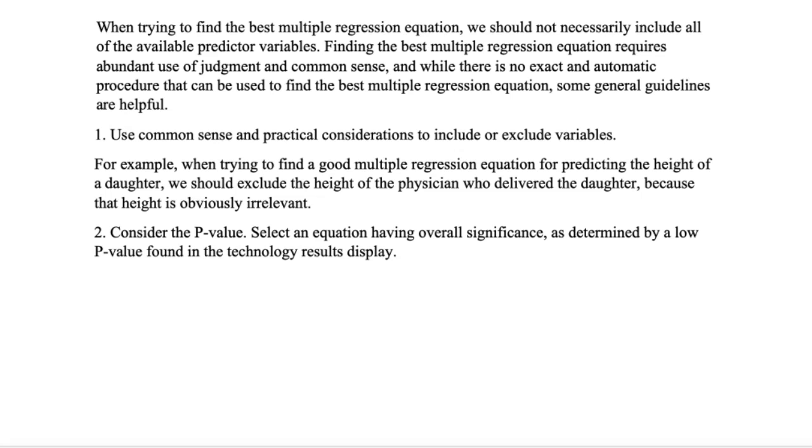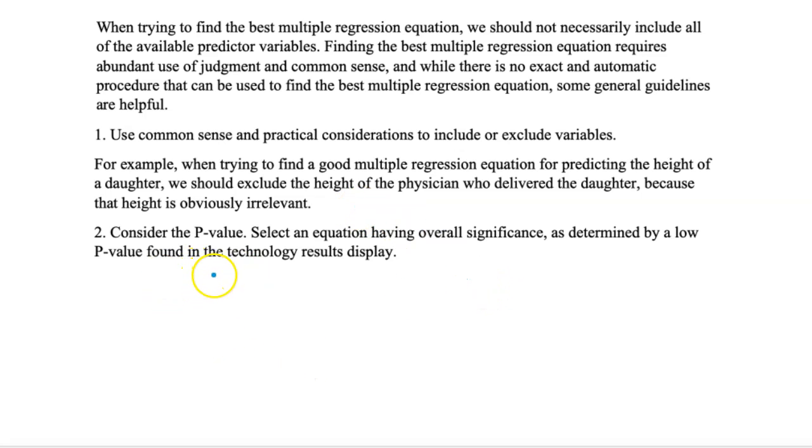An example of this is that when trying to find a good multiple regression equation for predicting the height of a daughter, we should exclude the height of the physician who delivered the daughter because that's obviously irrelevant. So anything that's obviously irrelevant, this is about judgment here. This is about our analysis of data, so just use common sense.